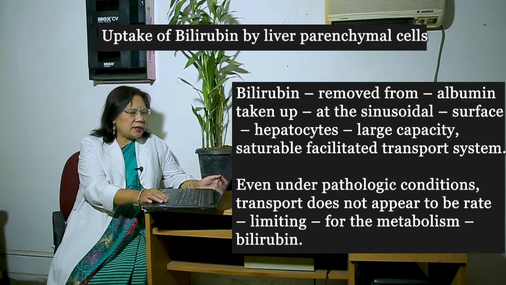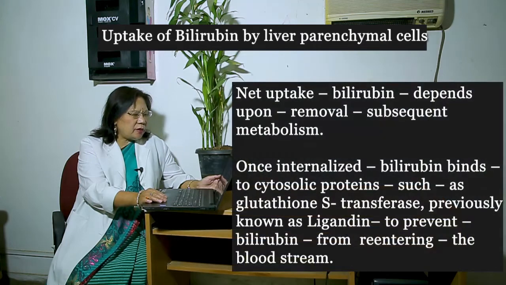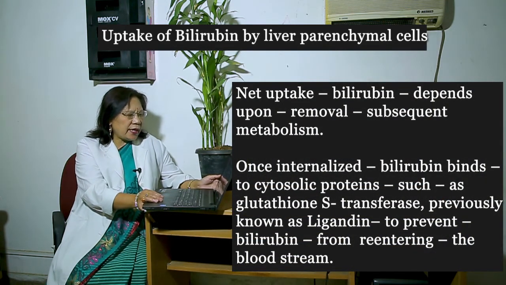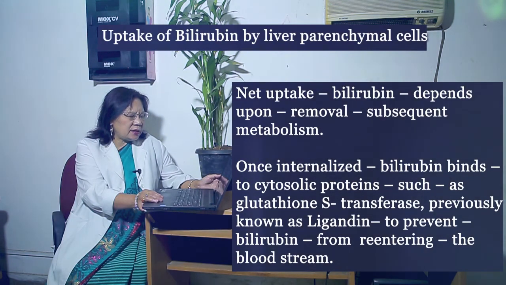Even under pathologic conditions, transport does not appear to be rate limiting for the metabolism of bilirubin. Net uptake of bilirubin depends upon removal by subsequent metabolism. Once internalized, bilirubin binds to cytosolic proteins such as glutathione S-transferase, previously known as ligandin, to prevent bilirubin from re-entering the bloodstream.